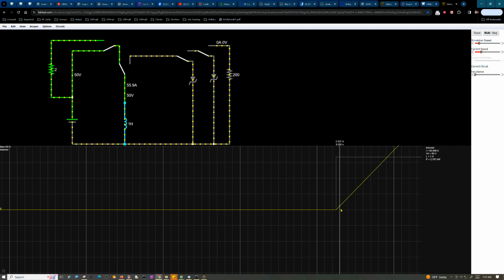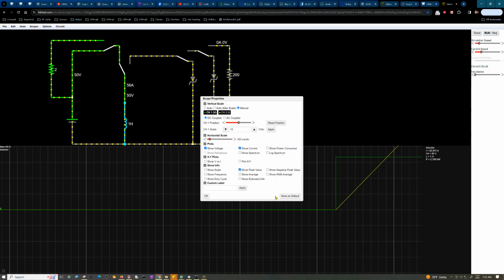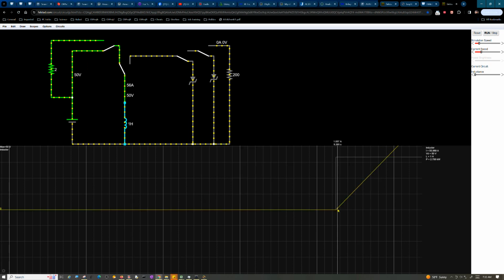What the time step was, I think it's like 20 milliseconds per division. What was the time step on it? I wasn't paying attention to it. It's 100 milliseconds per division, right? Alright, so we kind of stopped it somewhere over here. So, that's 1, 2, 3, 4, 5, 6, 7, 8, 9, 10. Over 10 divisions, so that's at least a second right there. So we charged it for a second.